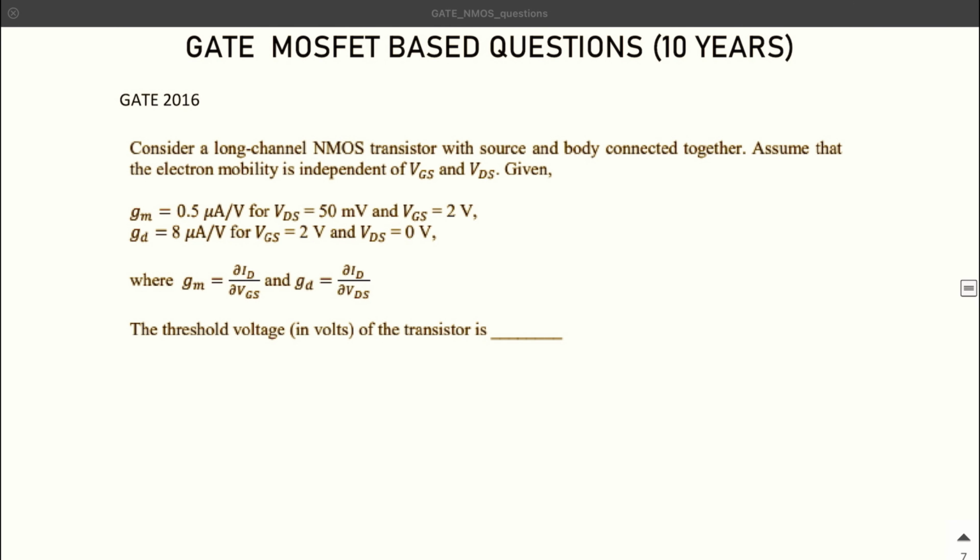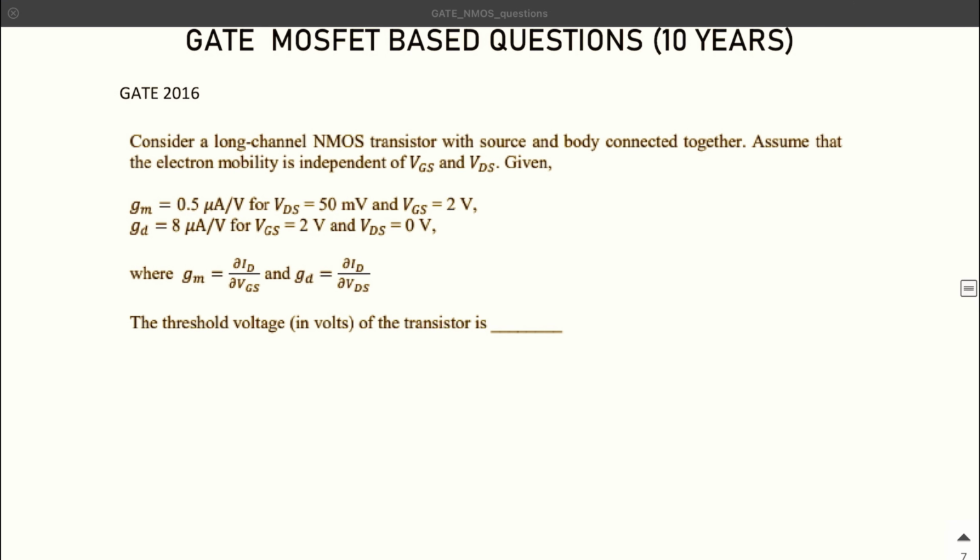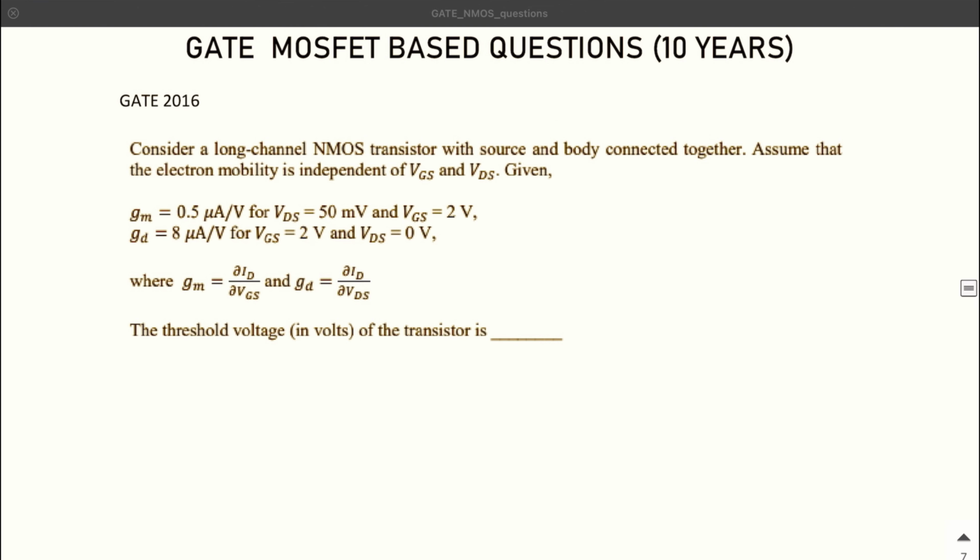Now consider a long channel NMOS transistor with the source and the body connected together. Assume that the electron mobility is independent of the VGS and VTH. So what is given to us is that there is an NMOS transistor and the source and the body are connected. So this is the drain, gate, source, and that's the body terminal.